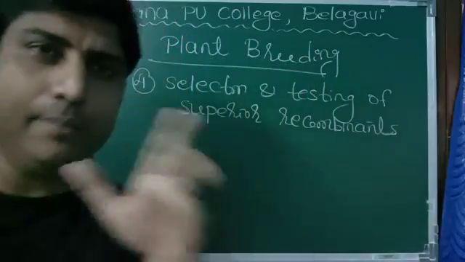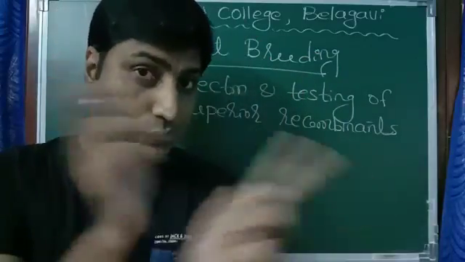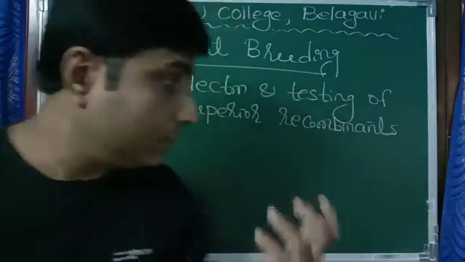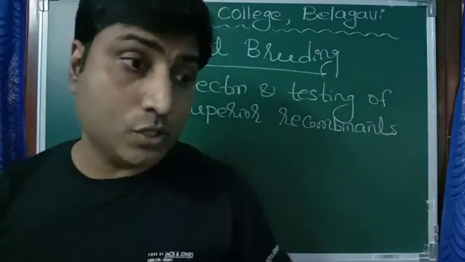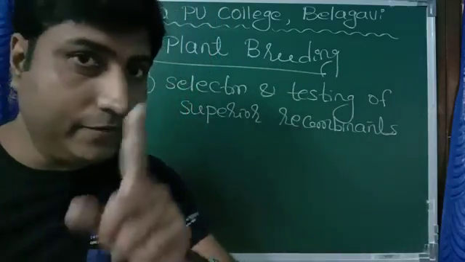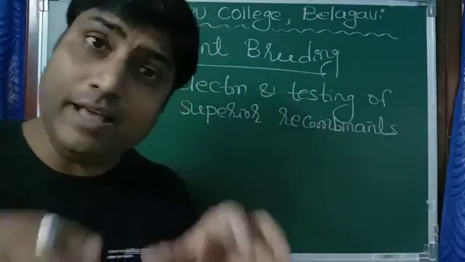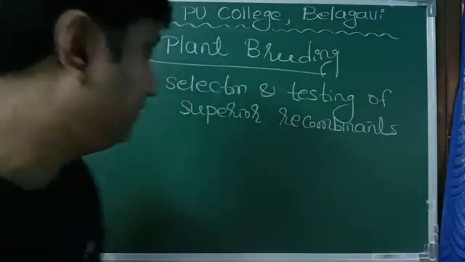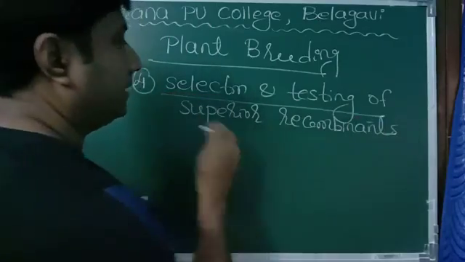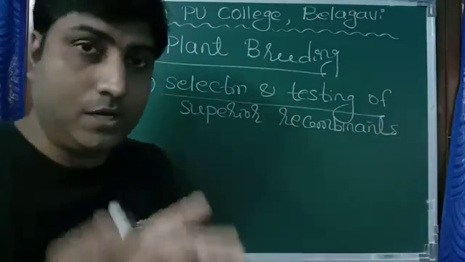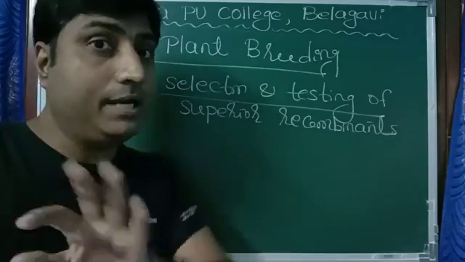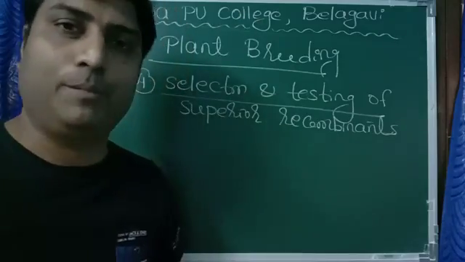What are recombinants? The hybrids. After crossing those best quality parents, we get hybrids, that is recombinants. But when we cross, all the recombinants will not get the desired quality. So within them, we'll have to select the best one. That is selection and testing of superior recombinants. A recombinant with all the good qualities is called a superior recombinant.